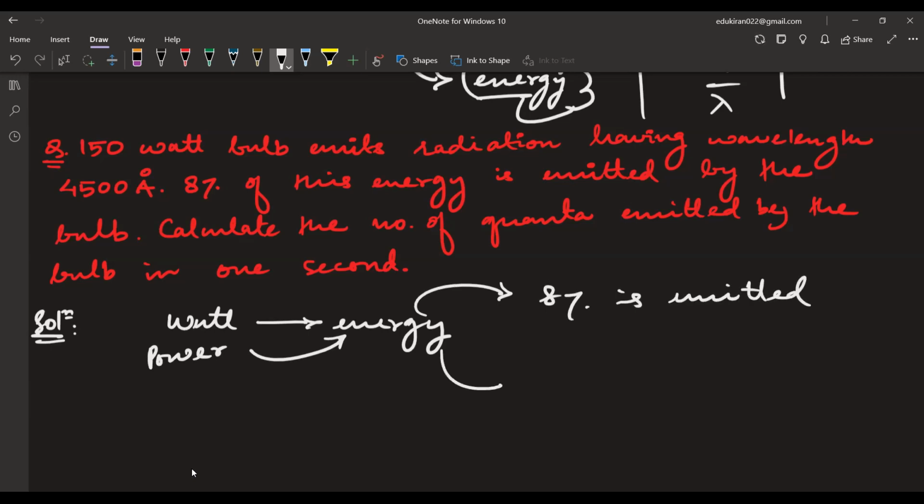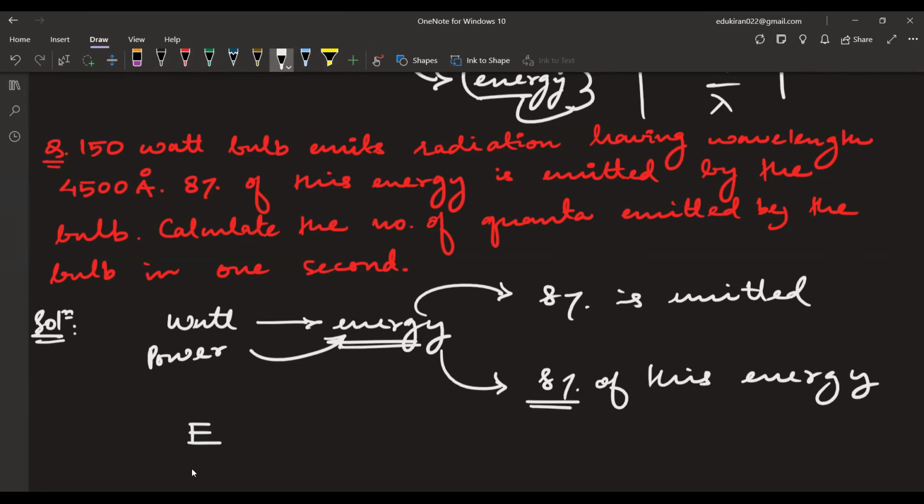So you will calculate the 8% of whatever energy you are getting. For example, if it is 100, your energy will be 8 joules. Then you will put this 8% energy as E is equal to nhc upon lambda. Is this clear, yes or no?